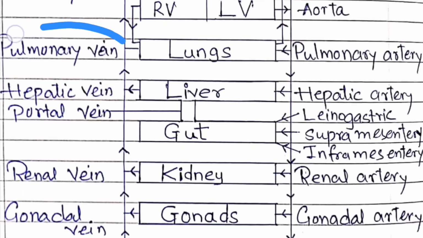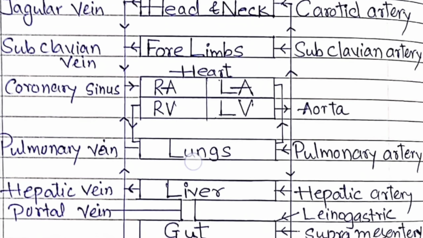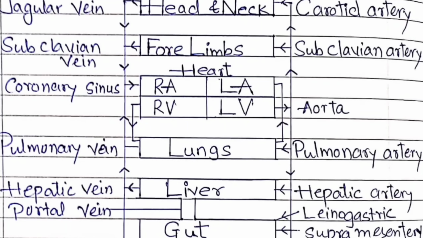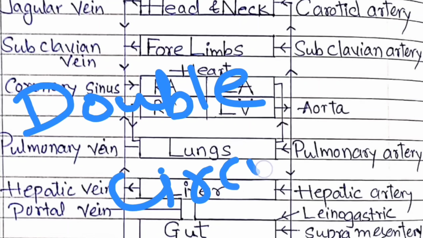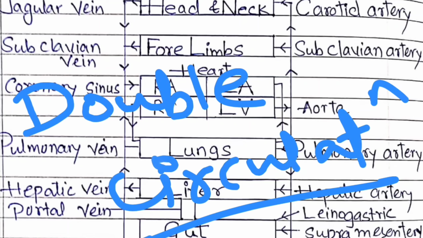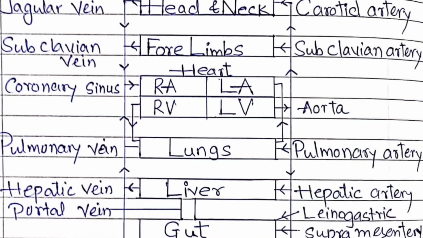Now, here we have the pulmonary vein, which collects the blood from the lungs. I have drawn some interconnection of the heart and the lungs as well, because mammals show double circulation. This means the heart receives blood from the whole body organs in the right atrium.